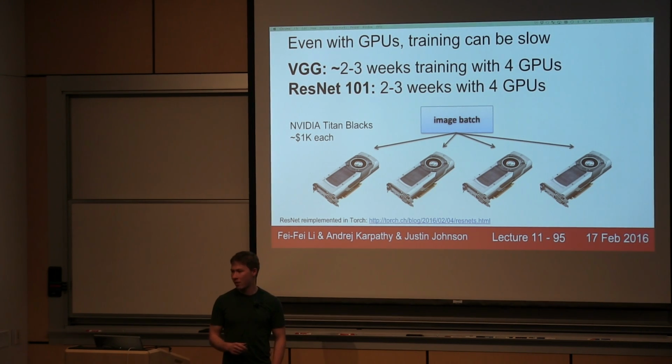And the easy way to split up training across multiple GPUs is just to split your mini batch across the GPUs. So normally, especially for something like VGG, it takes a lot of memory, so you can't compute with very large mini batch sizes on a single GPU. So what you'll do is you'll have a mini batch of images, maybe of 128 or something like that.